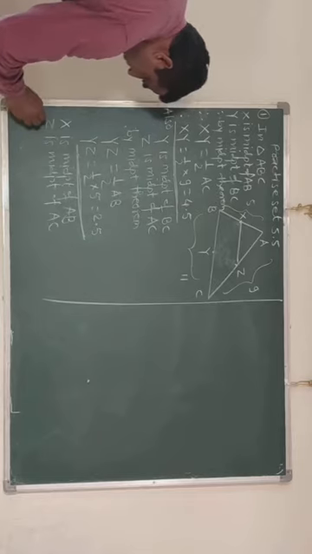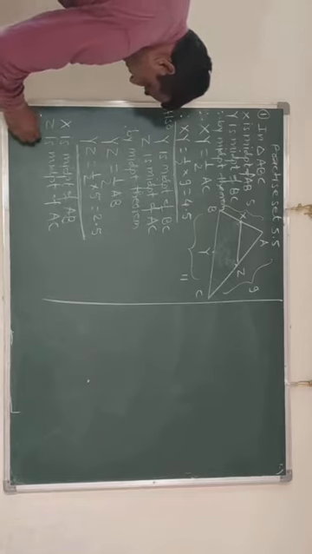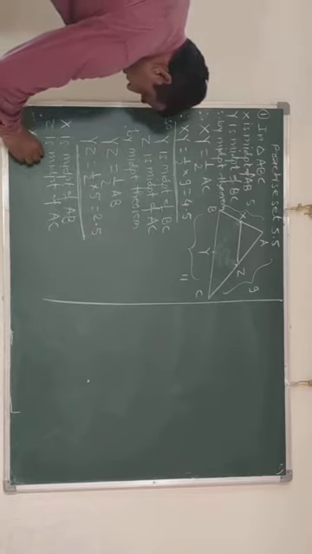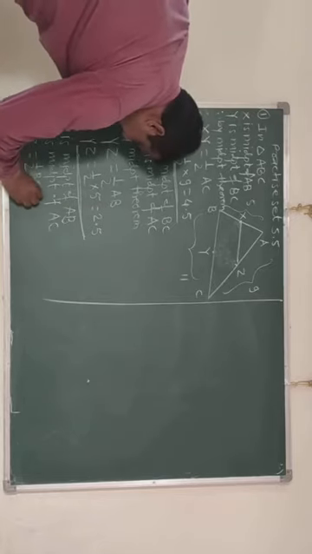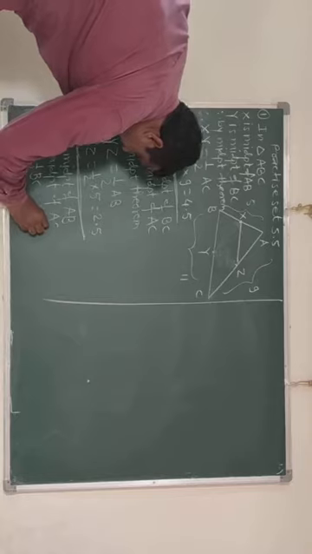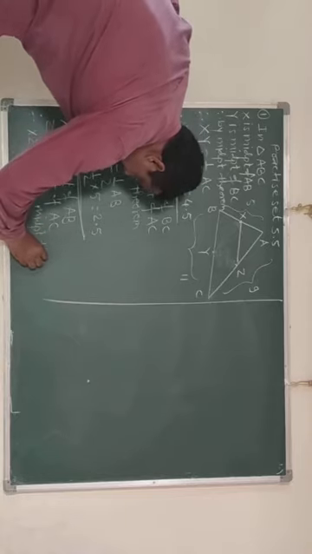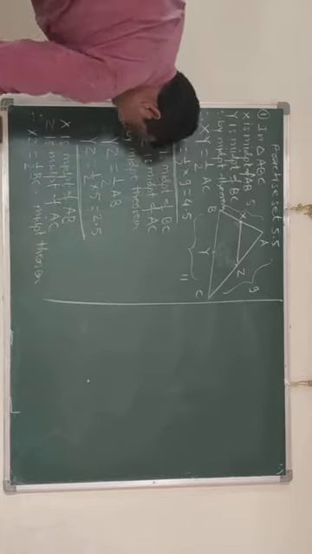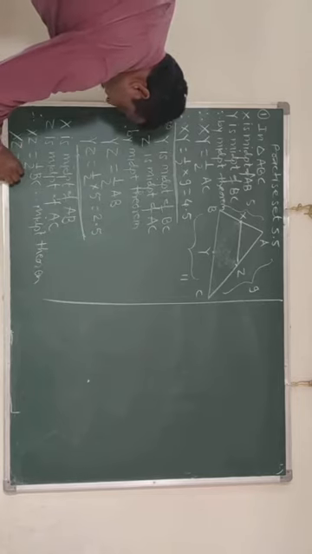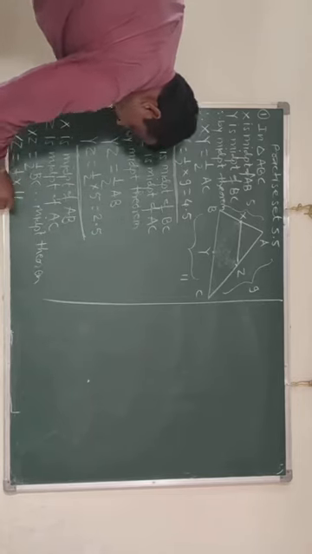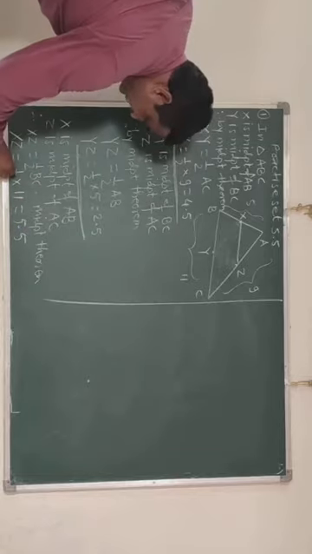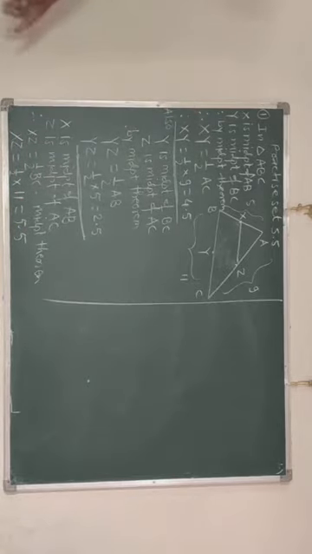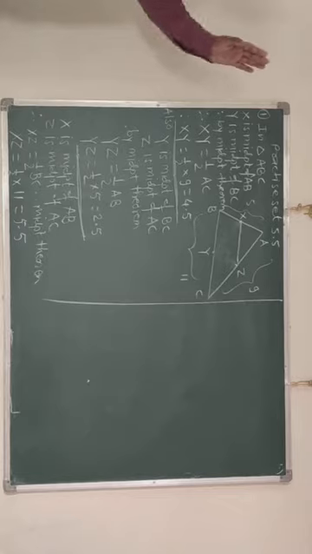Therefore, by midpoint theorem, XZ equal to half of BC. So here XZ equal to half into 11, that is 5.5. So in this way, we got all the three values one by one by using midpoint theorem.